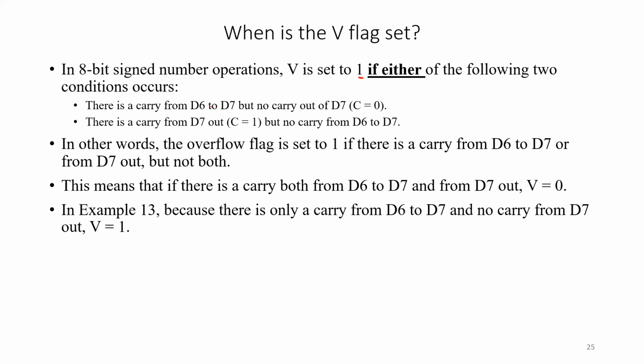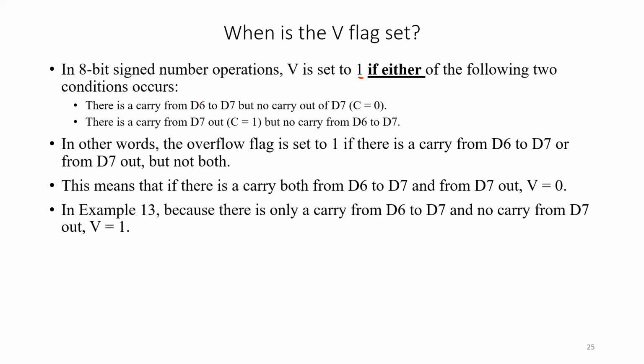At D6, there was 1 plus 1, and 1 plus 1, this means we have overflow now. So the result would be 0, and there would be a 1-bit carry into D7. The carry flag here is still 0, because the carry flag would only appear if D7 overflows, not D6.